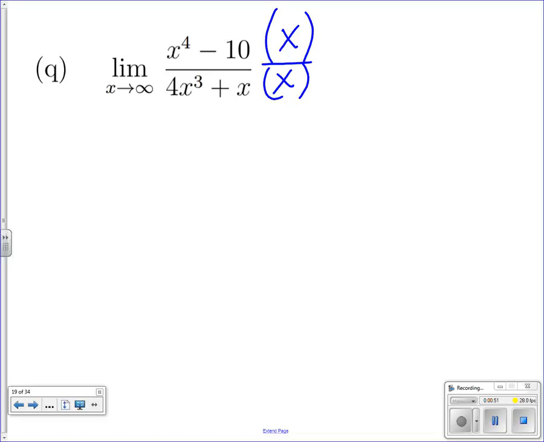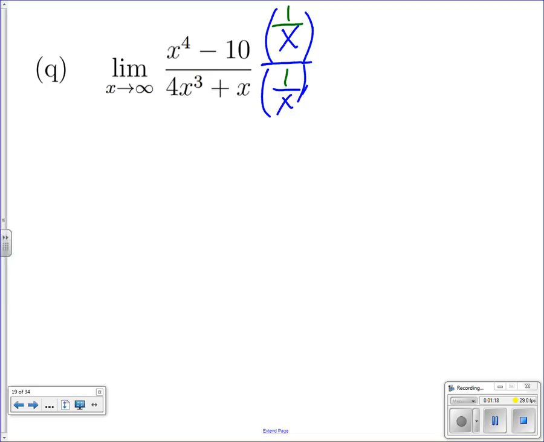But instead of x over x, what if I said 1 over x divided by 1 over x? That should hopefully be the exact same thing, because 1 over x divided by 1 over x is still just a fancy form of 1.